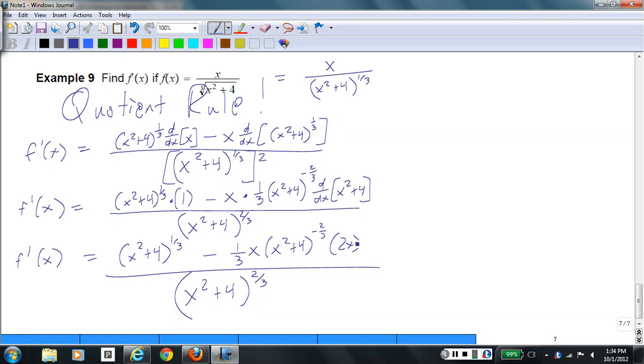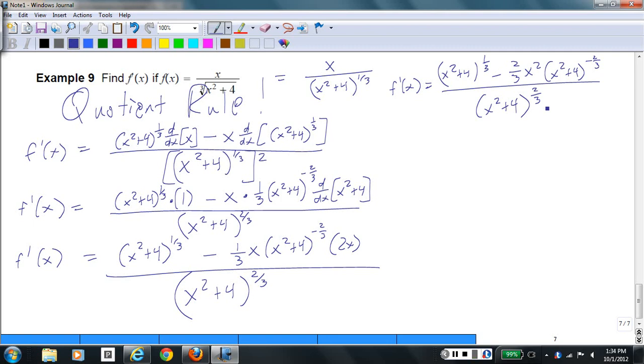That's all that's really going to happen there. So here goes. Don't want to erase that. F prime of x equals x squared plus 4 to the 1/3 minus 2/3 x squared times x squared plus 4 to the negative 2/3 all over x squared plus 4 to the 2/3.